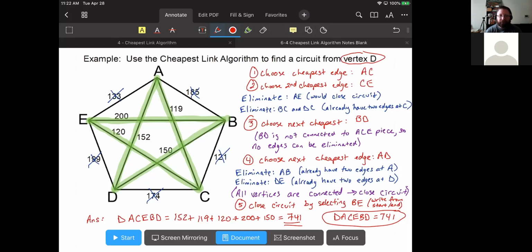So we're just going to go in and pick the cheapest edges in the entire graph, period. And as we do that, anytime we have an edge that would close a circuit, we eliminate it. Anytime we have already picked 2 edges from a vertex, we eliminate the rest of the edges from that vertex. So the longer the process goes, the easier it gets to pick out the cheapest edge.